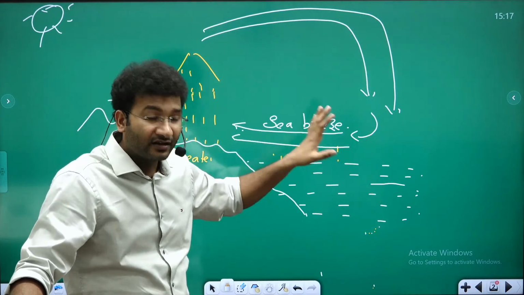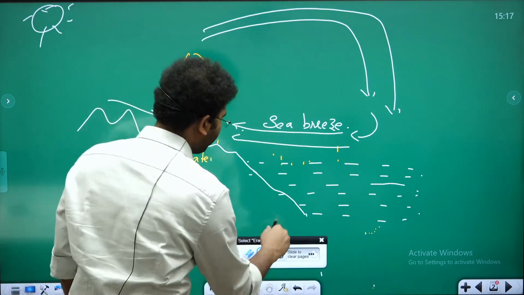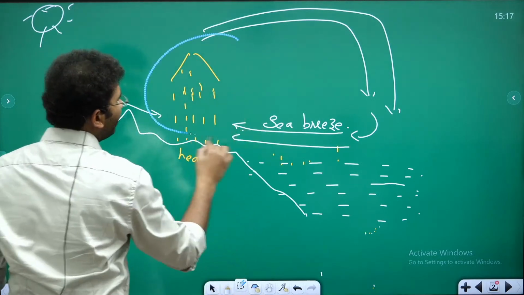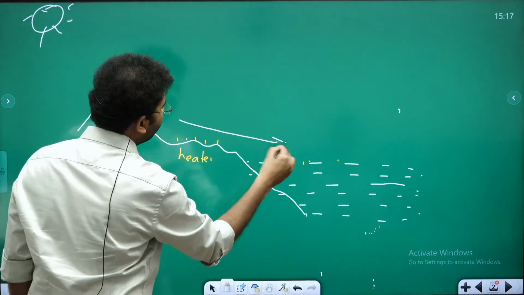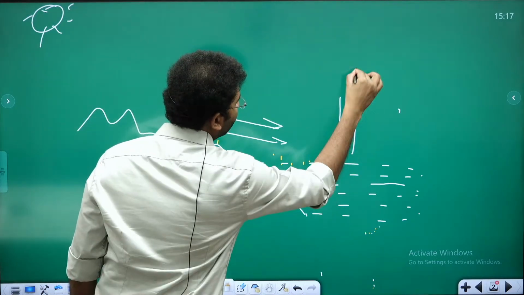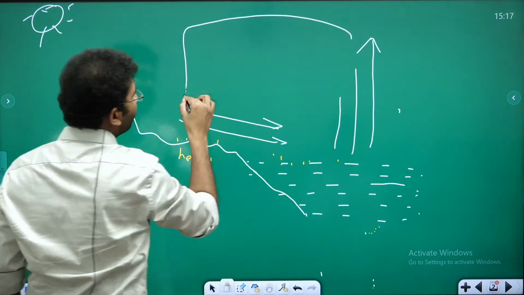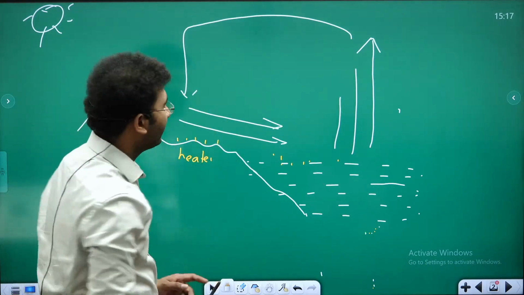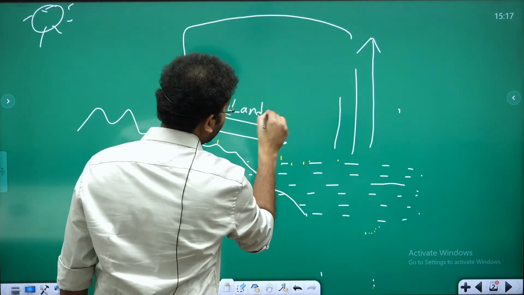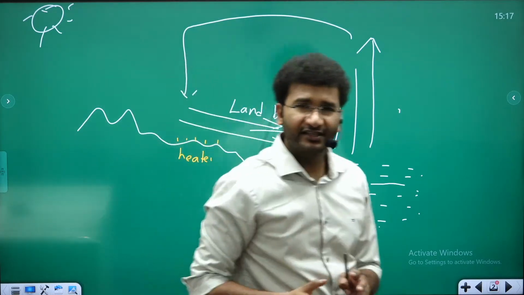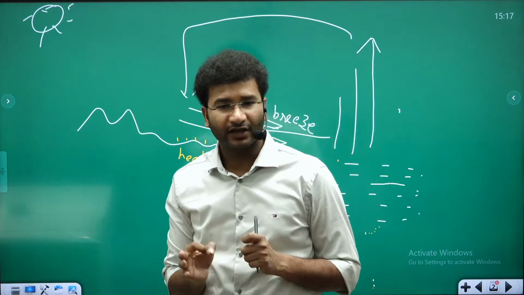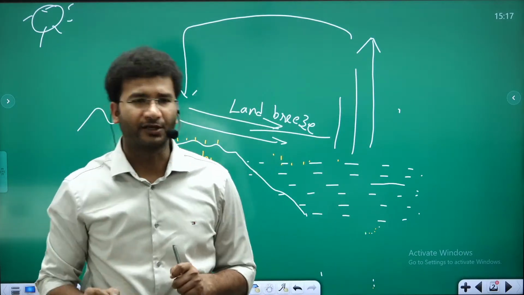At night time, the wind will now be moving from land towards the sea, and then it makes a circulation. This is called land breeze. See, both land breeze and sea breeze are influencing the temperature of the ocean.